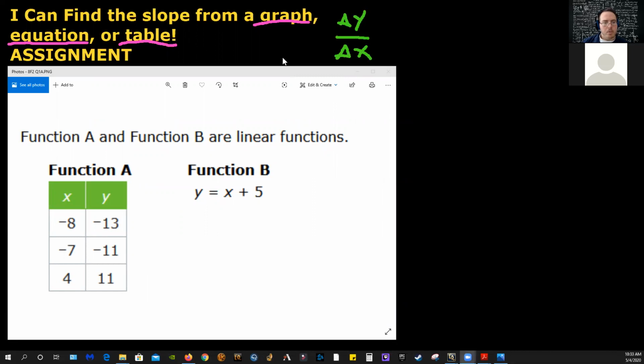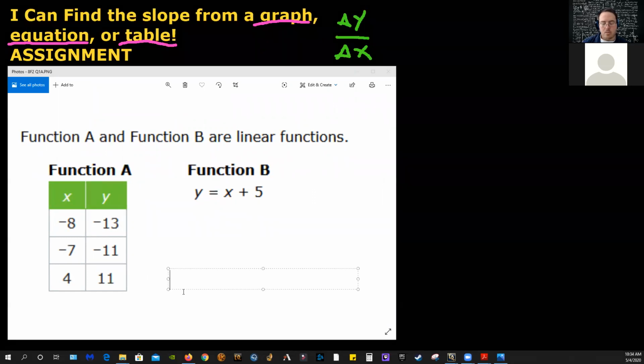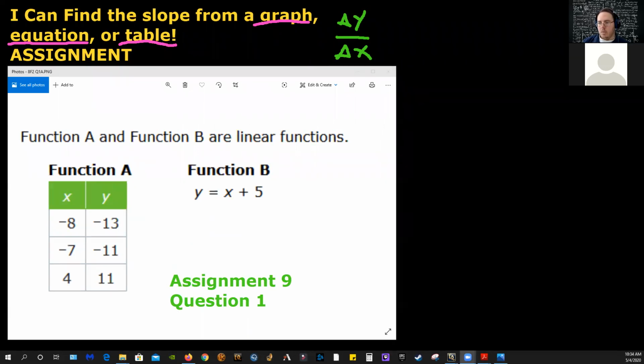Okie dokie. So this is assignment 9, question 1. So chat, if you're looking at your answer document that was posted on Classroom and looking at this question, I'll give you a minute to ask me, Mr. Matthews, what does this mean, Mr. Matthews? Am I doing this right? Sort of questions before I put up question number 2.